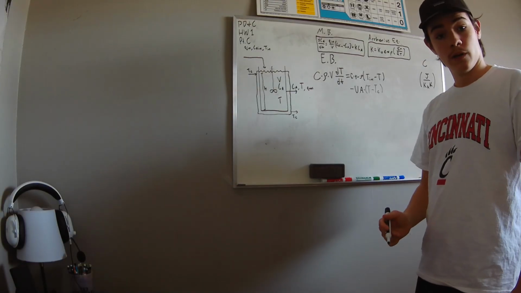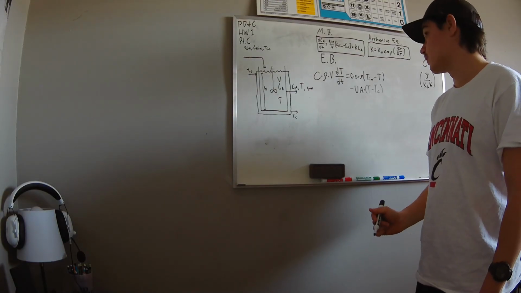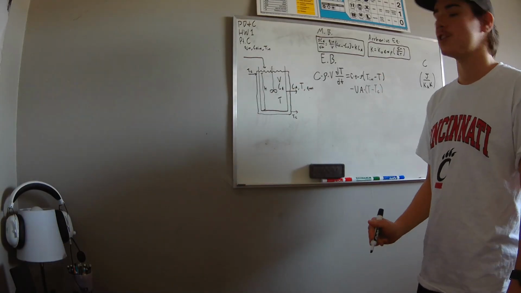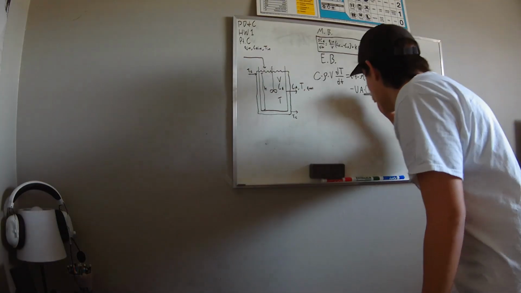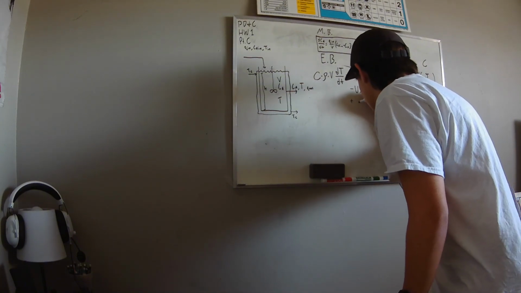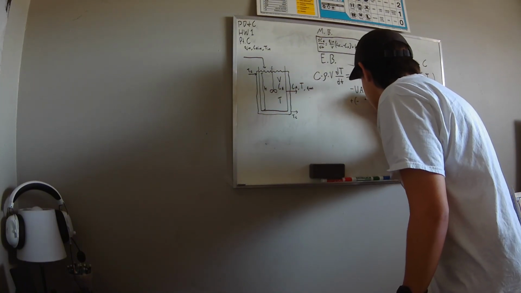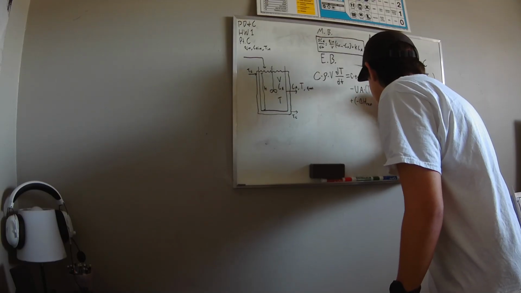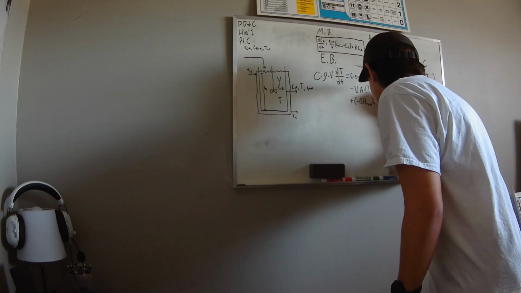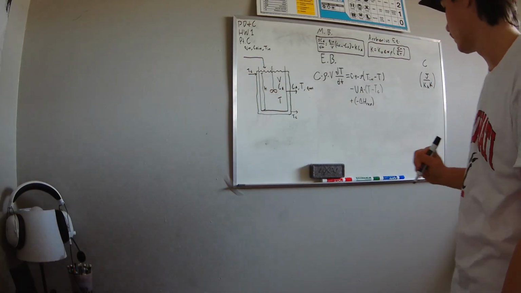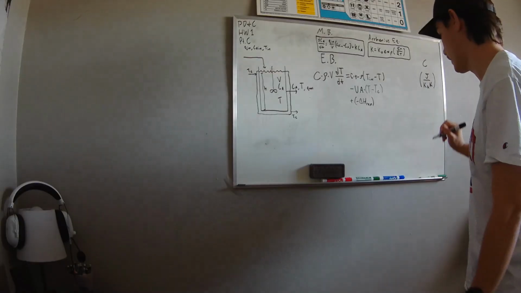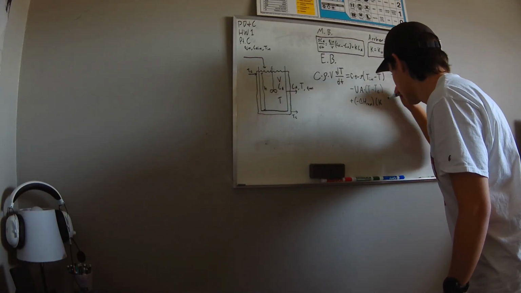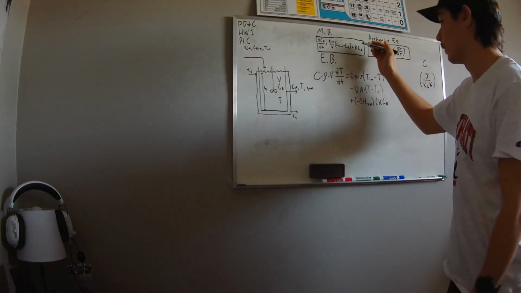Now there's one more variable to our energy balance that we need to take into account, and that is, of course, the heat generated by our exothermic reaction. And to get that, we're going to go ahead and add minus delta H of reaction, as this is an exothermic reaction, times our rate constant times CA from up here.